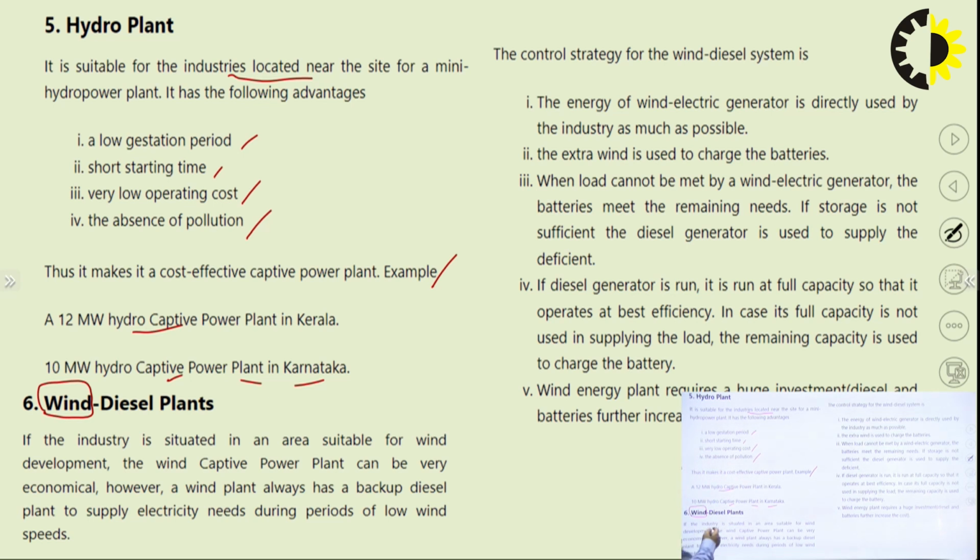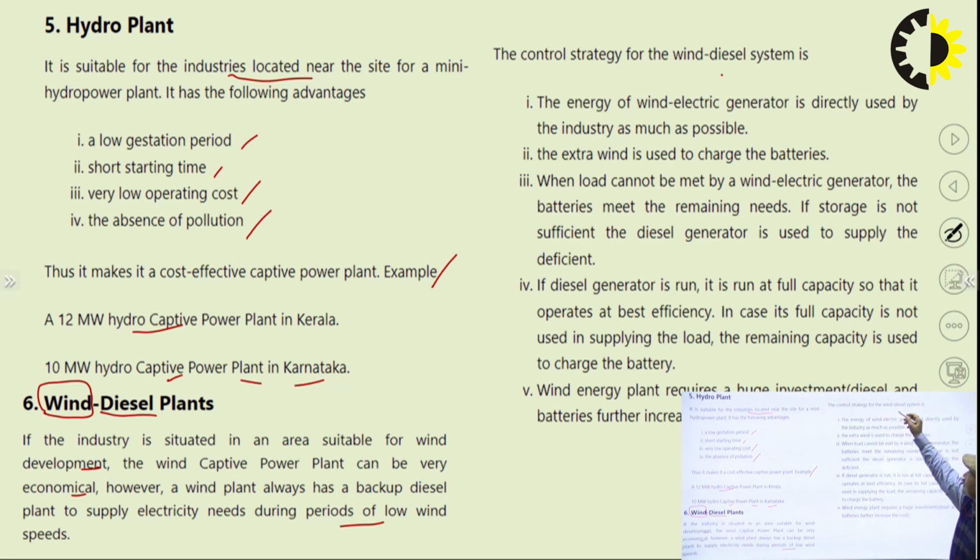In that case the required power will be generated from the diesel plant. If an industry is situated in an area suitable for wind development, the wind captive power plant can be very economical. However, a wind plant always has a backup diesel plant to supply electricity during periods of low wind speed, that is, whenever wind speed is below the cut-in speed.